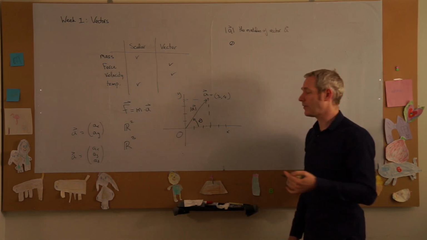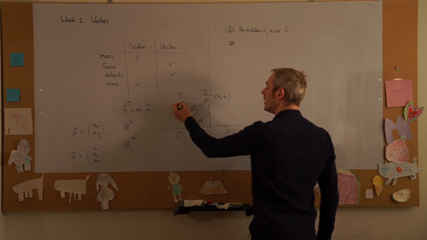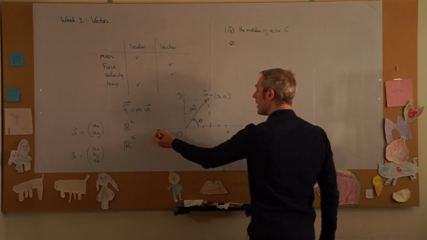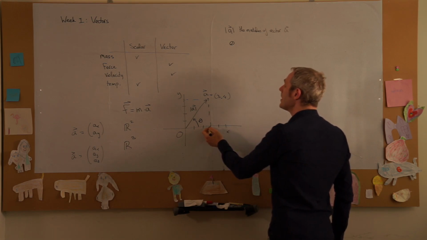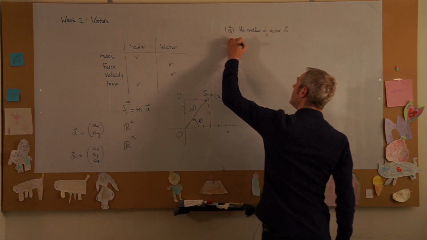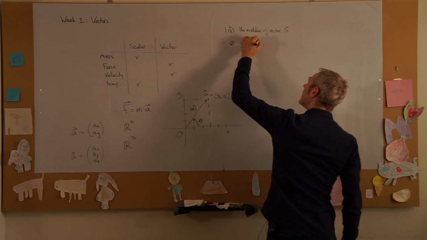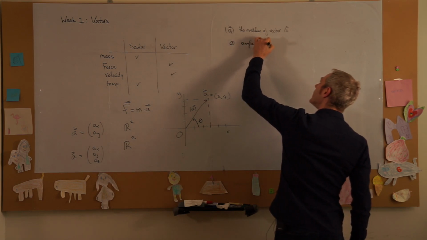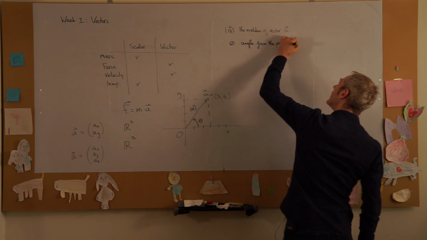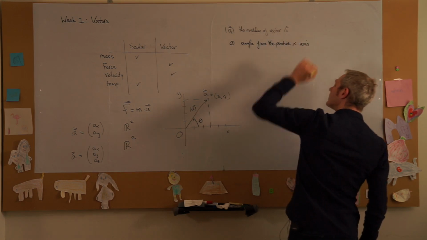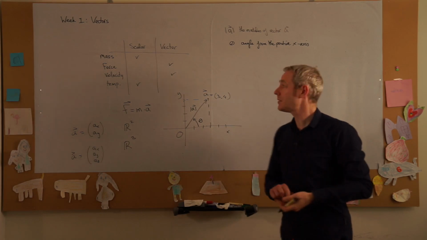Now we can also do that in radians, where we start at 0, pi over 2, pi, 3 pi over 2, and 2 pi. But we measure this angle from the positive x-axis. And this is the case in 2D space.